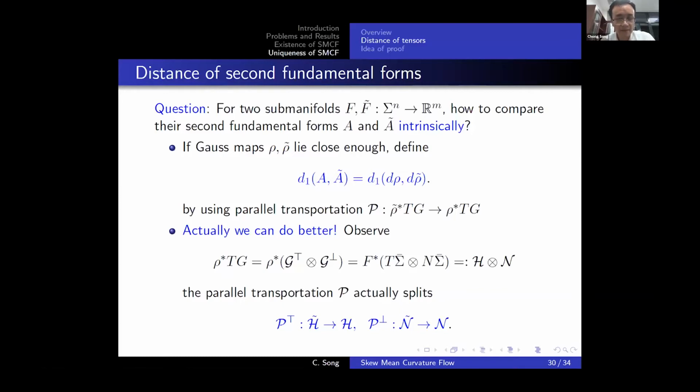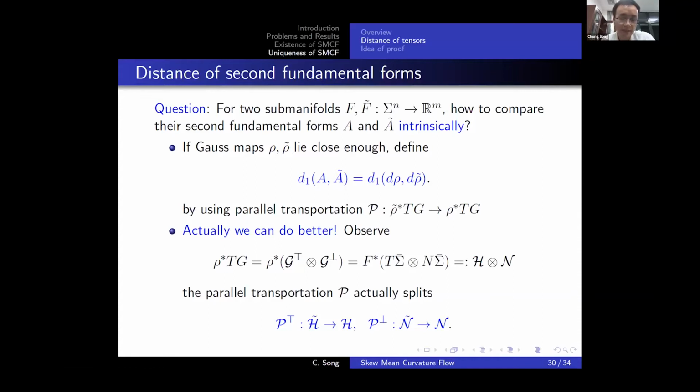So we will use the parallel transport on the Grassmannian manifold to define the intrinsic distance of two second fundamental forms. Here I use the letter D1 to denote the distance defined by using parallel transport.